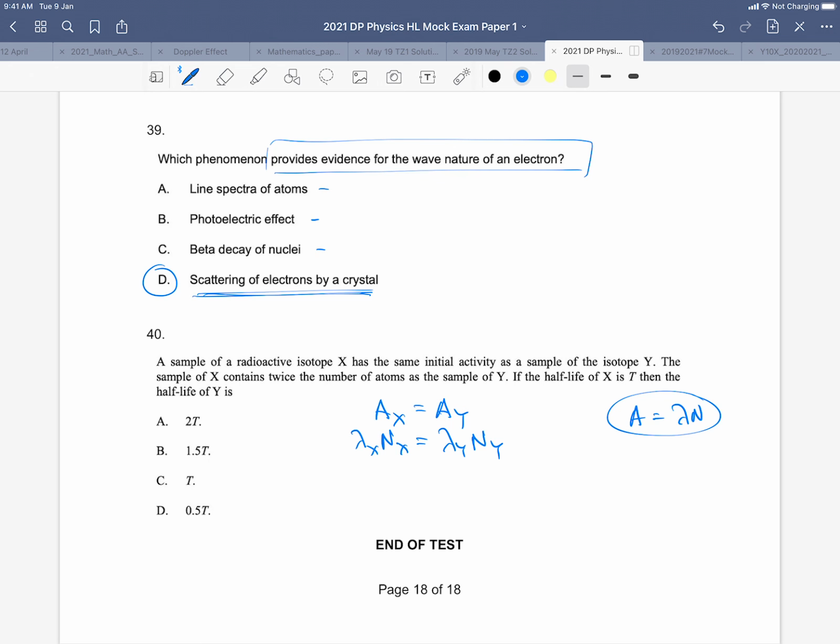N_X is twice N_Y, and remember that the decay constant is inversely proportional to half-life. Then N_Y cancels out, we have a factor 2, ln 2 cancels out. We can see that T_Y is going to be half T_X. So if the half-life of X is T, then we get 0.5 T.